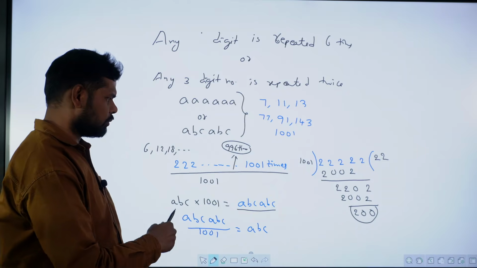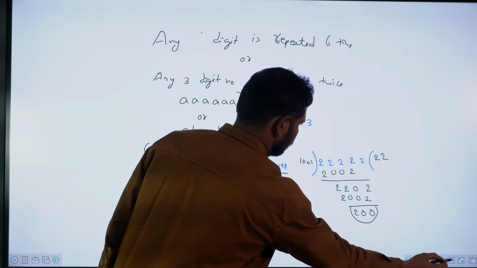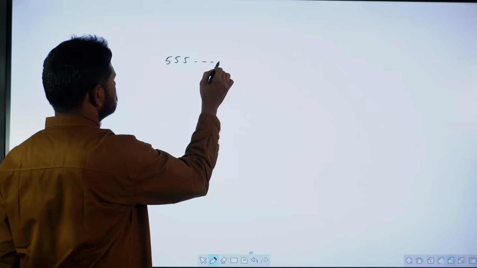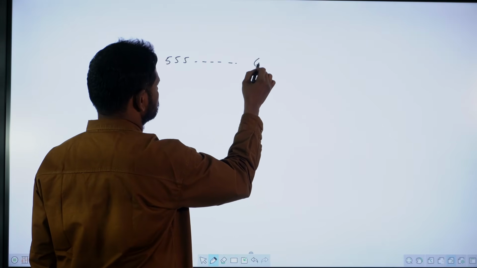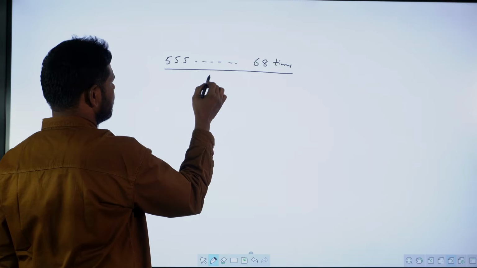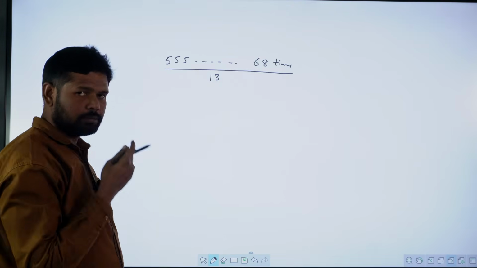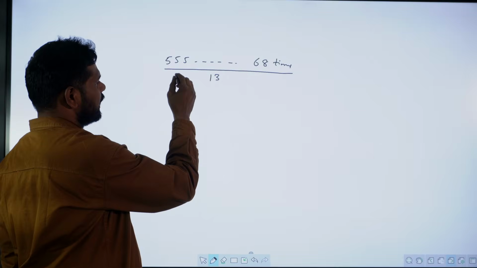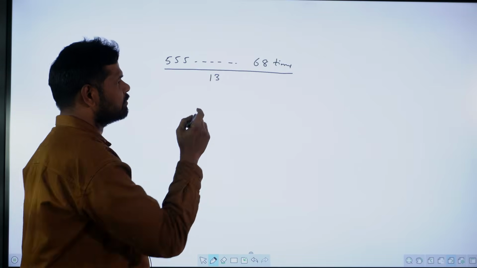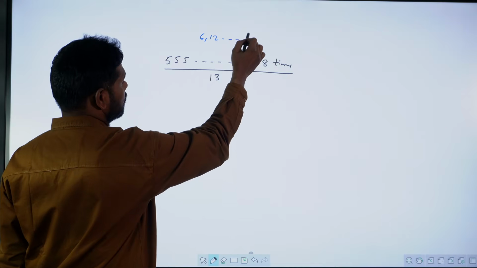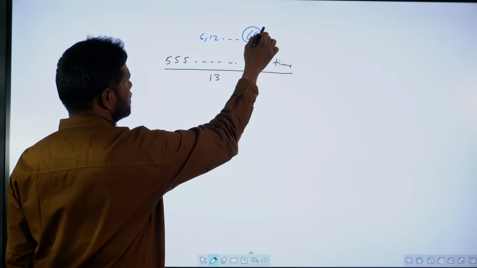Again, we discuss one more question. Suppose 5, 5, 5 and so on up to 68 times is divided by 13. What is the remainder? Any digit repeated 6 times is divisible, so 6, 12 and so on up to the 6 multiple nearest to 68, which is 66 times.